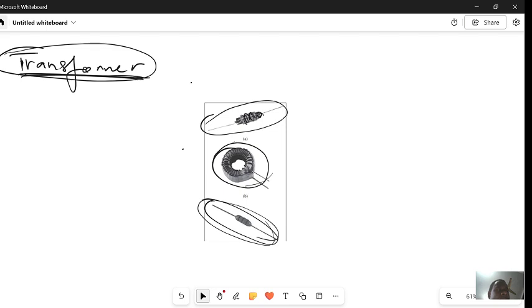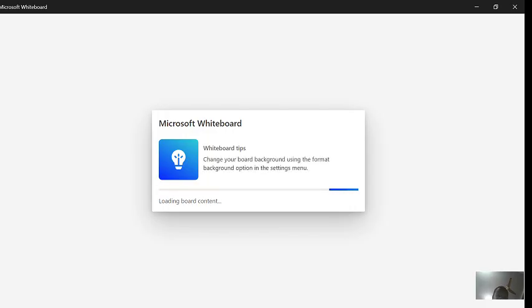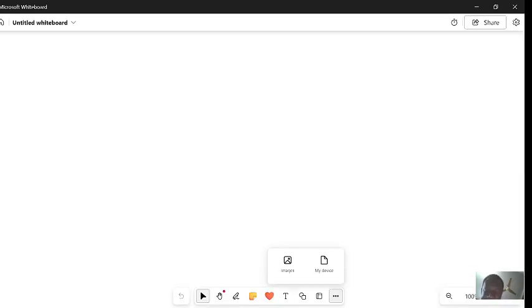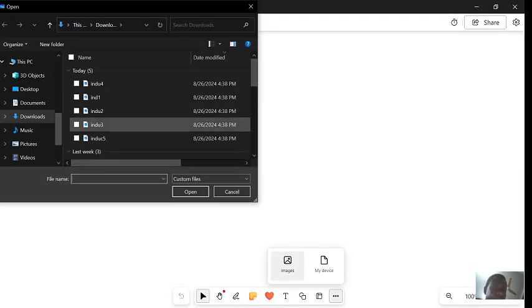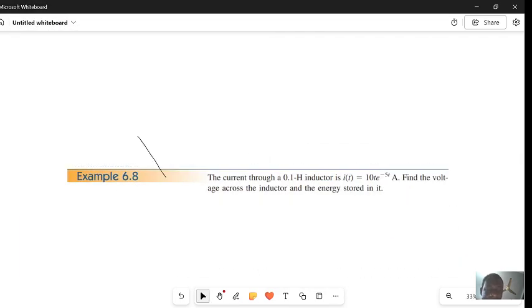Let's see now another example of how to determine the inductance of an inductor. For example, the current through a 0.1 Henry inductor.